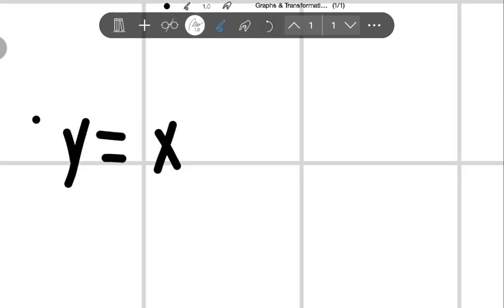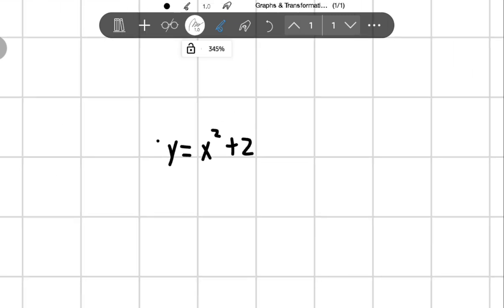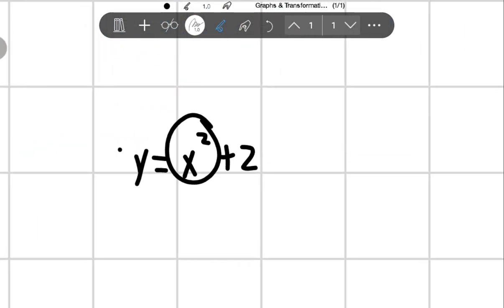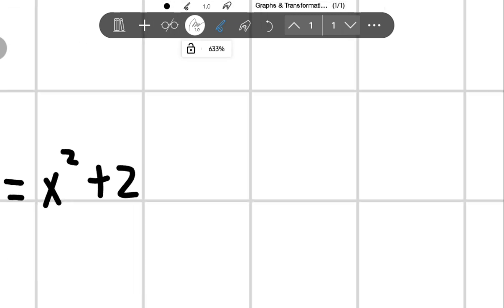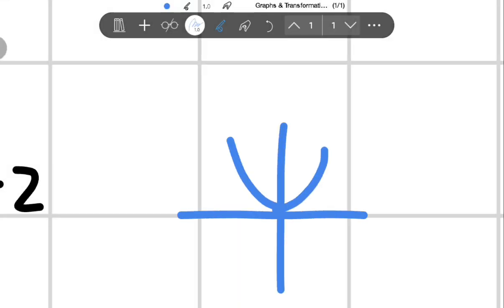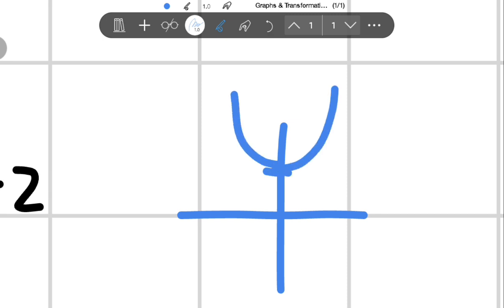Okay, apologies. So the next function we have is x squared plus 2. As I was saying, the plus 2 is over the entire function of x squared. So we're just going to add 2 to each y coordinate. The original function of x squared has 0 and 0 as its starting point, so we're just going to add 2. So at 0 and 2, this is the function of x squared plus 2.